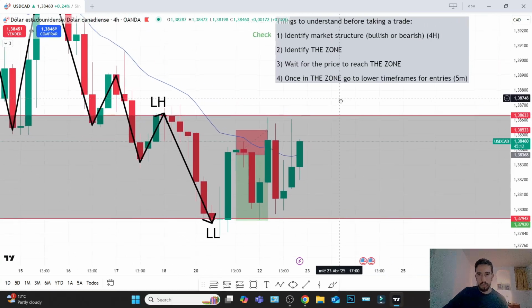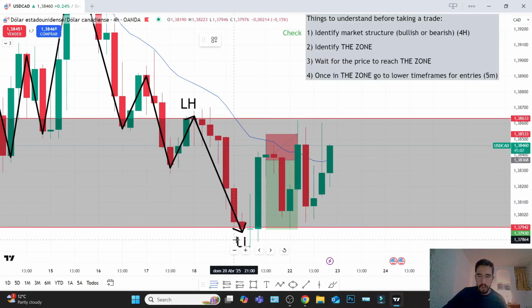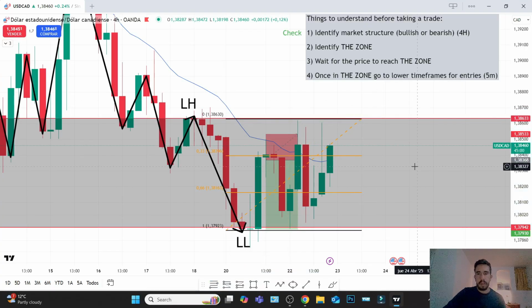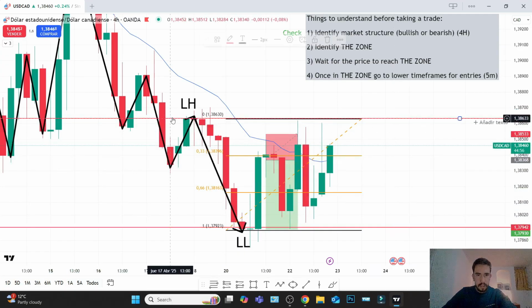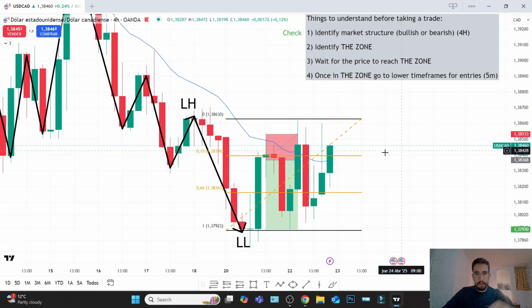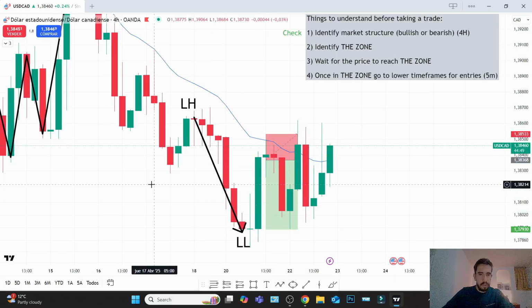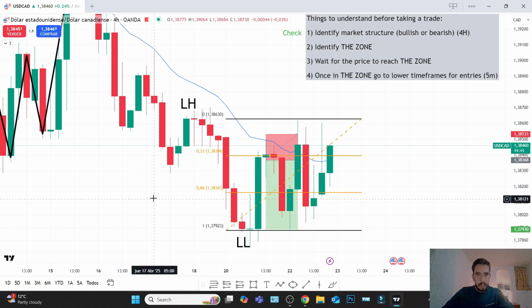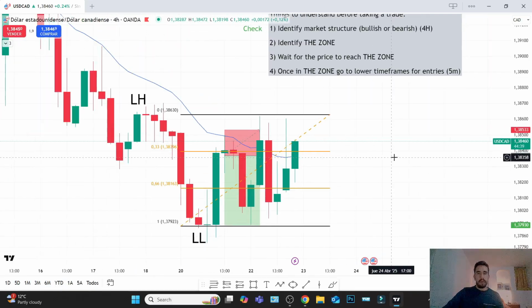So for example, normally to identify this area, I use the Fibonacci retracement. I put it in the lower point and in the higher point. We have the higher high, the lower high, lower low, lower high, lower low.